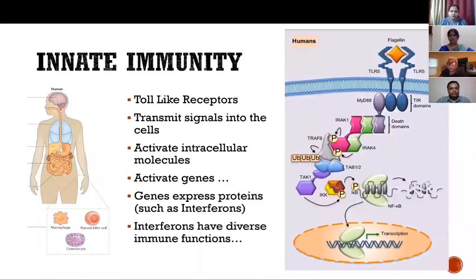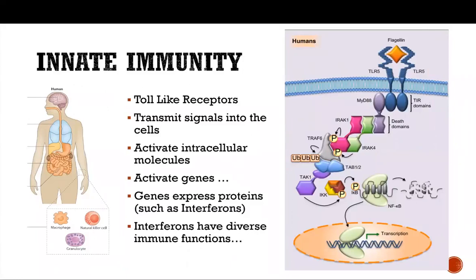Interestingly, humans have the same toll-like receptor on the cell surface of macrophages and granulocytes. Same toll-like receptor, which is conserved from the fly. This is called the innate, very primitive immune system. It's the innate immune response. We also have toll-like receptors on the cell surface of these cells. They also transmit signals through biochemical mechanisms.